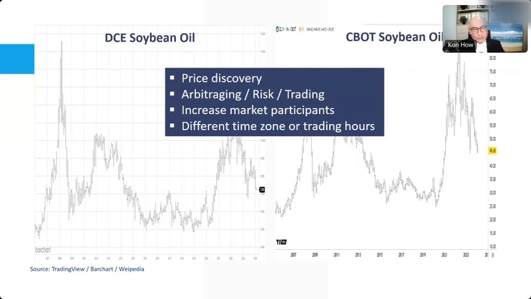In a way, that also increases market participation. The other attribute is a different time zone. This example is quite good because one is in the Western time zone and the other is in the Asia time zone, comparing DCE and CBOT.